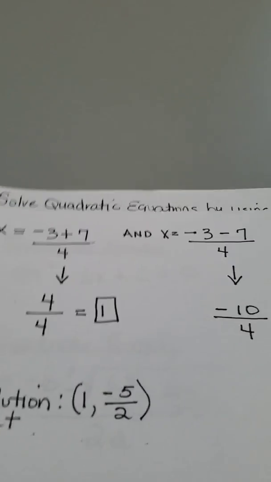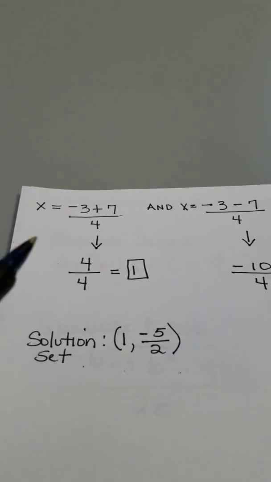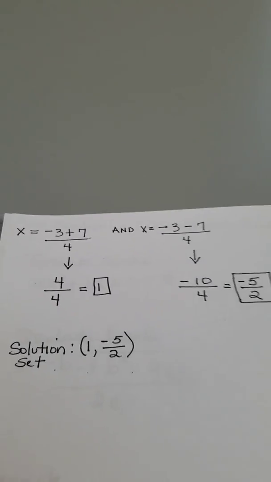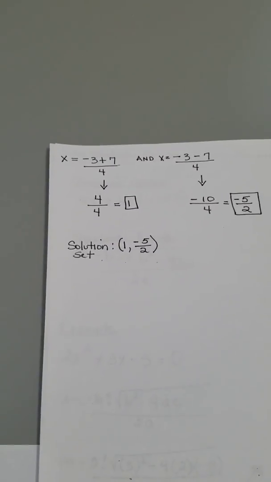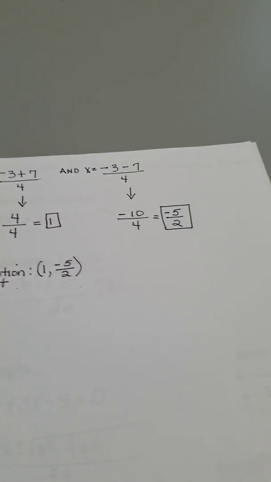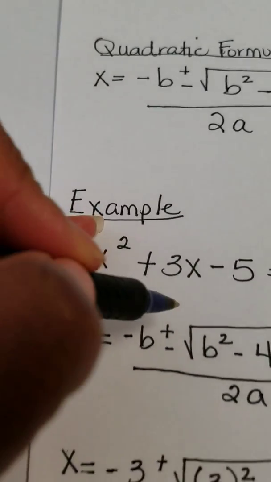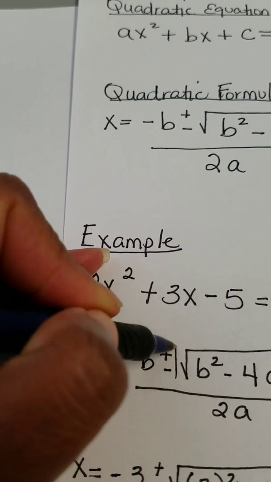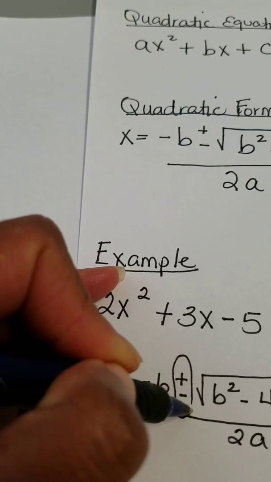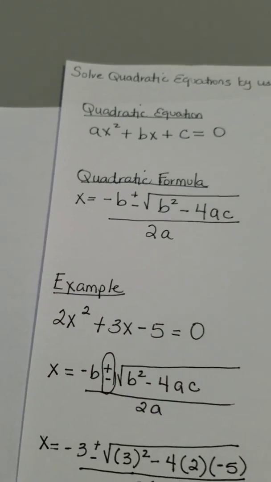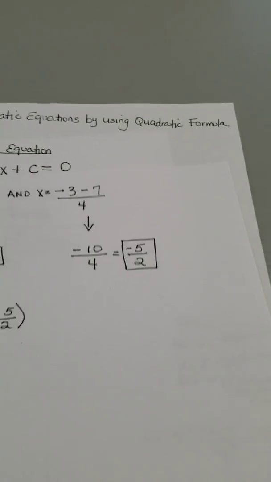Then what I did here was, since 49 is a perfect square, meaning that the root could be negative or positive, I have to make sure that I don't forget this, because I have to make sure that both the positive and the negative work.